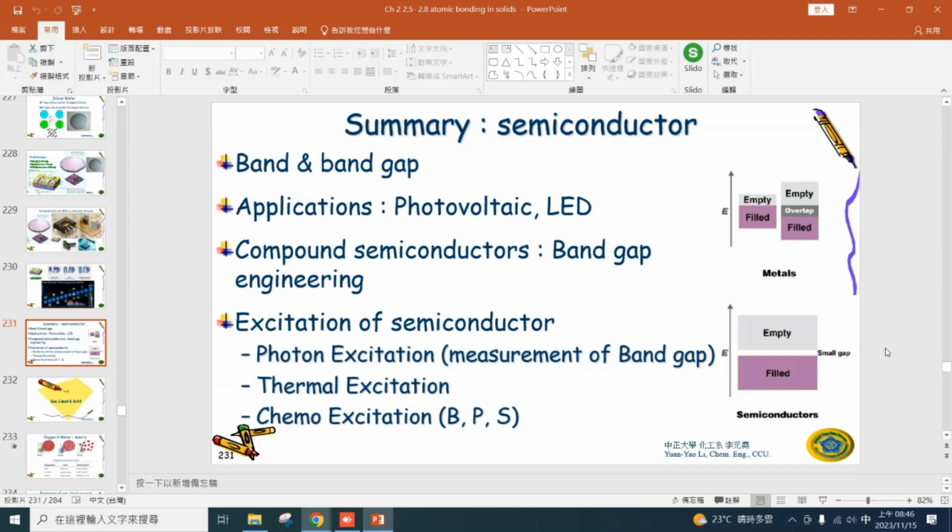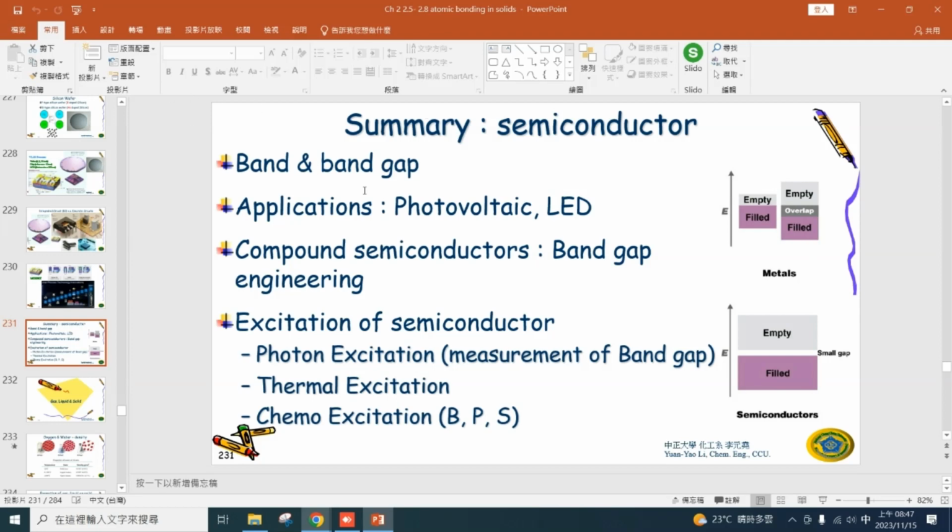This is the place we call the band gap. In comparison, in metal there's no band gap because the bands overlap. So the band gap means that in order to let an electron go to the conduction band from the valence band, you need energy. That's why we call it a semiconductor.